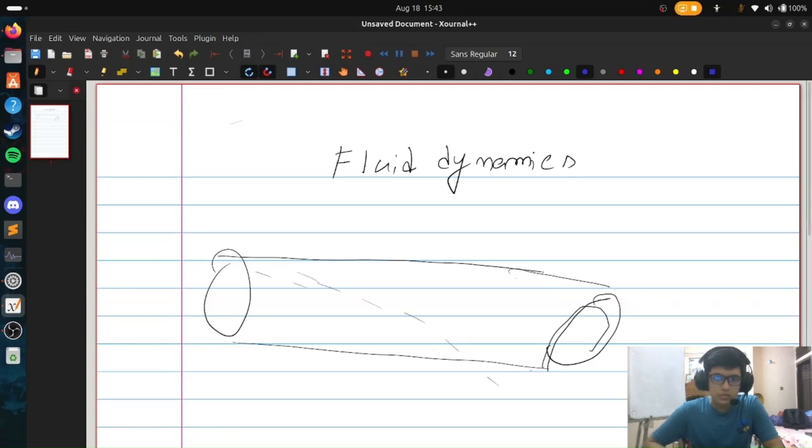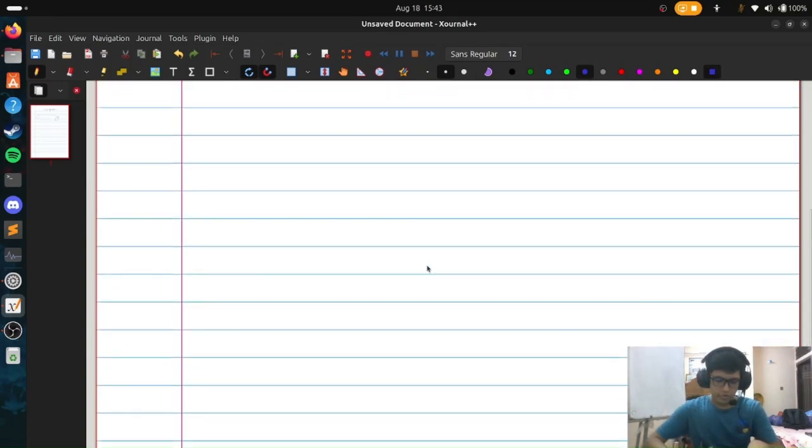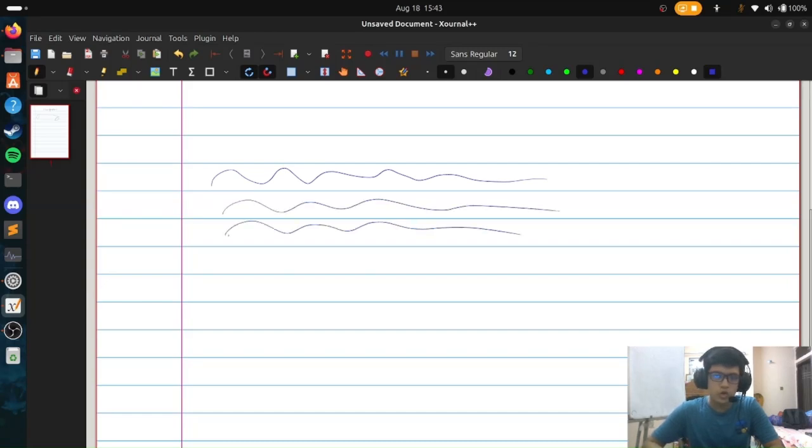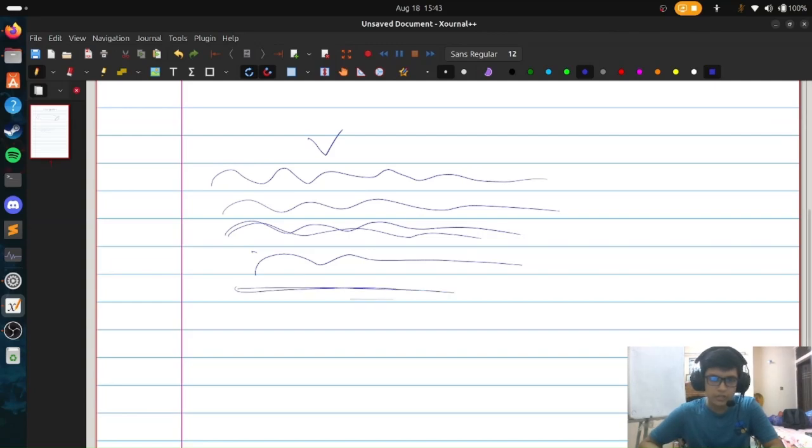For example, this is water moving at a velocity here. When the fluid is going, for example, this is fluid 1 and this is fluid 2. They will go without disturbing each other. They'll flow laminarly.